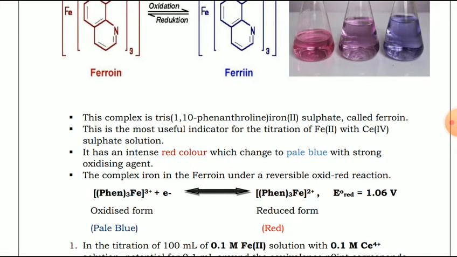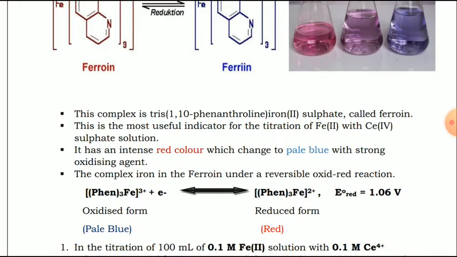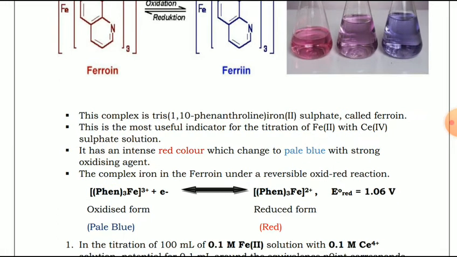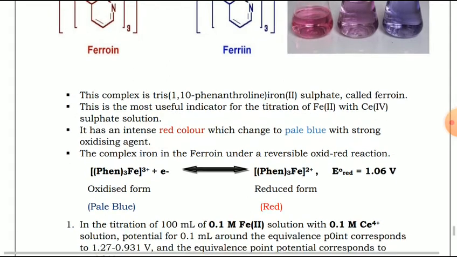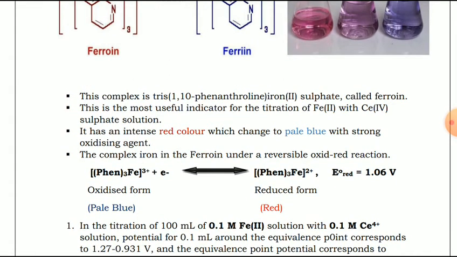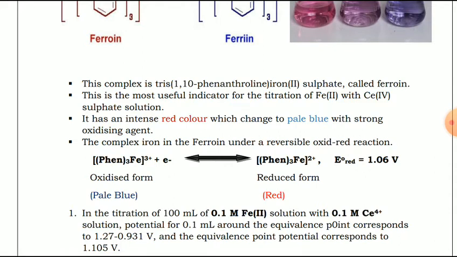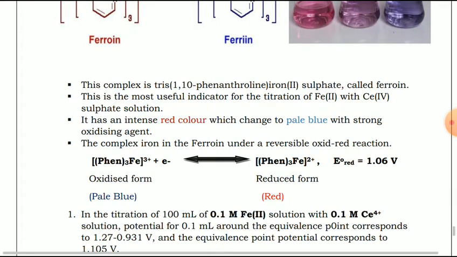In the titration of 100 ml of 0.1 molar Fe2 plus solution with 0.1 molar cerium 4 plus solution, potentials for 0.1 ml around the equivalence point correspond to 0.931 to 1.27 volt, and the equivalence point potential corresponds to 1.05 volt. These values we have already calculated in the one electron system titration curve.